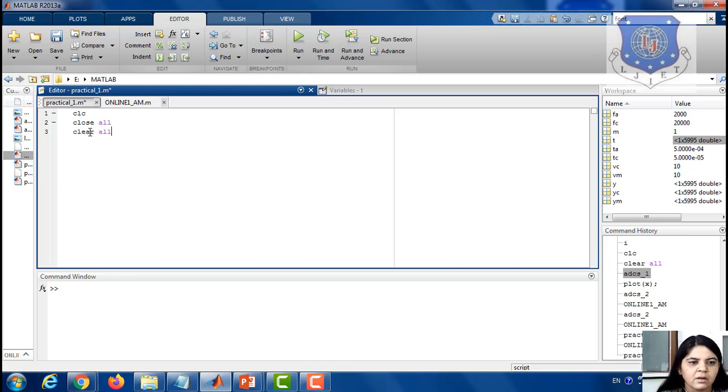Clear all: we may have defined a few variables earlier in MATLAB, so this will clear all the variable values.